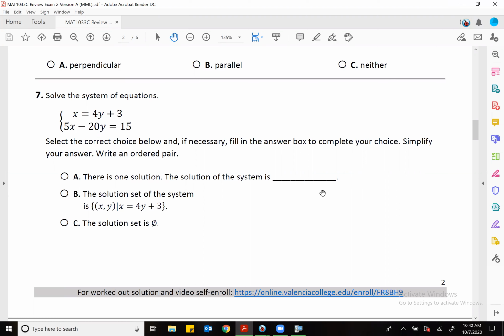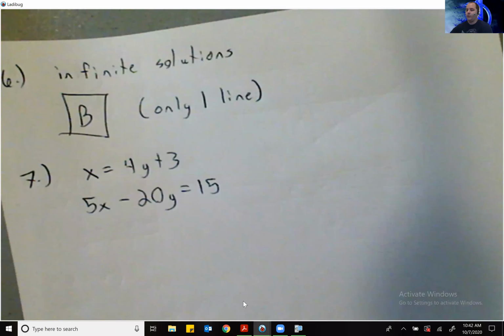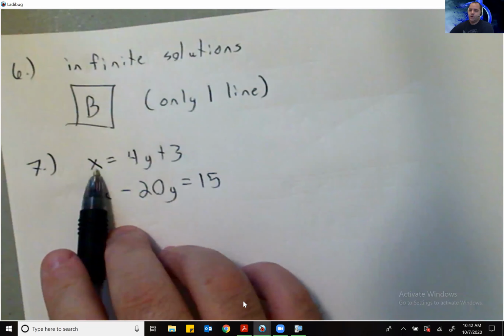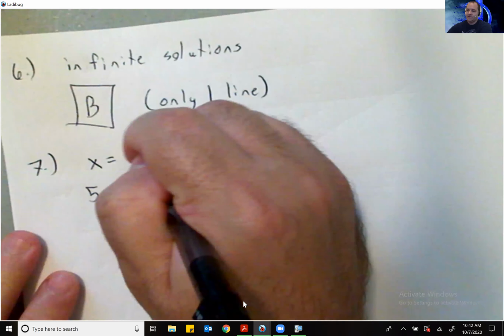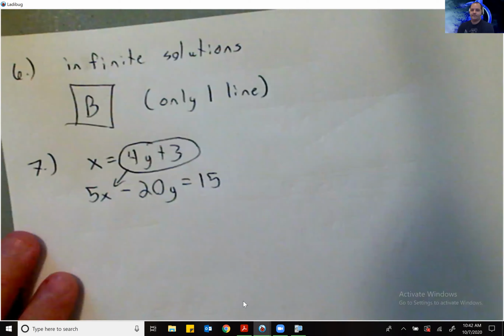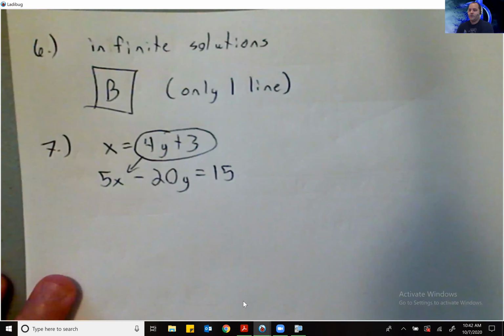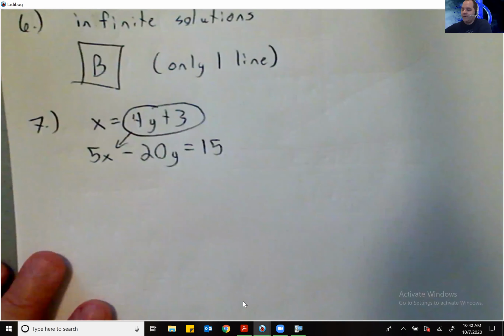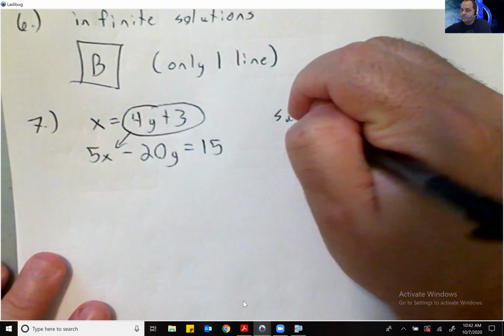Substitution. Yeah, absolutely. I would do substitution on this because it's already ready to go. We already know what x equals, so all we have to do is plug it in, which is what Rochelle was getting us to. I would use substitution.